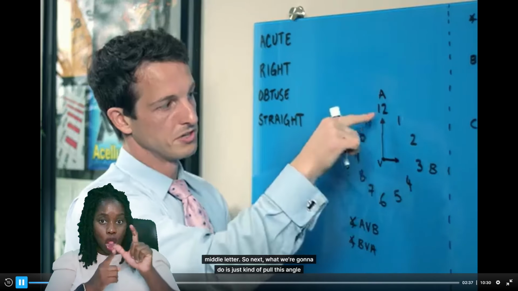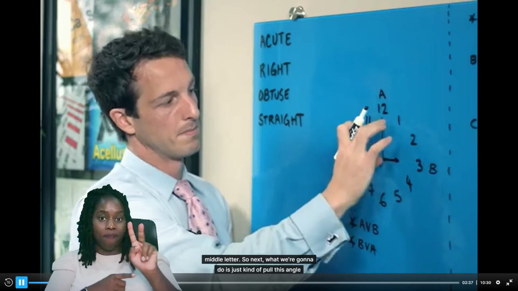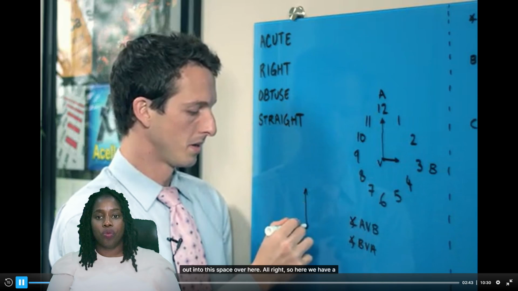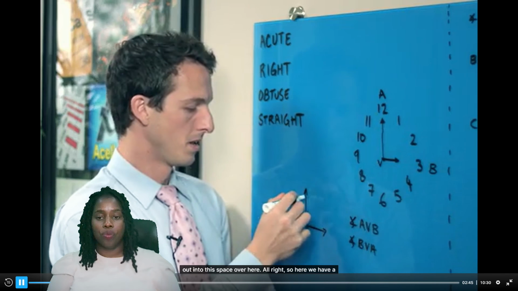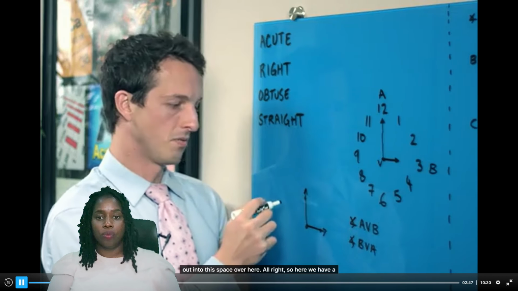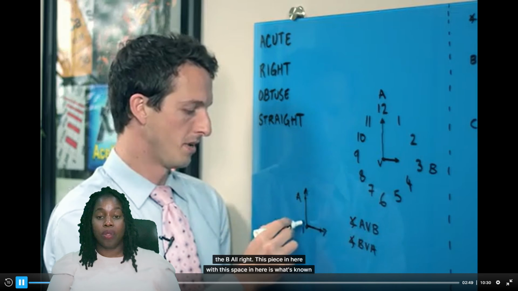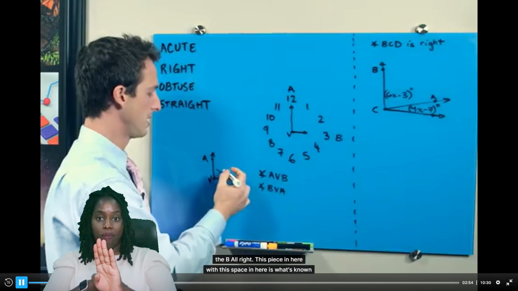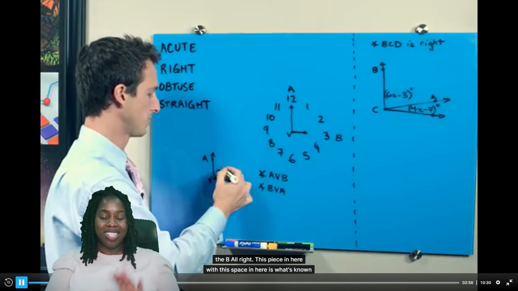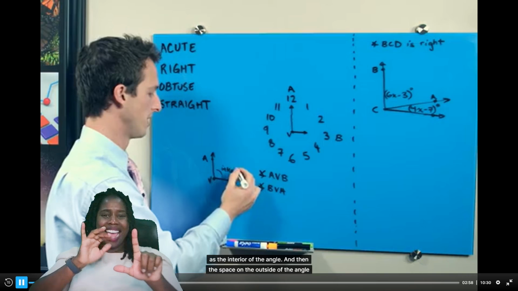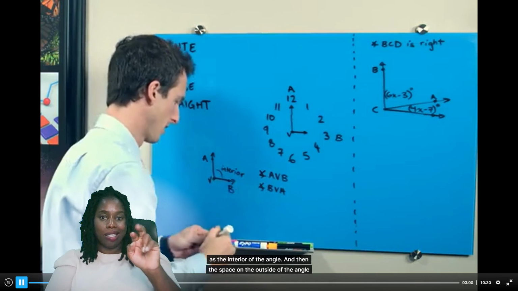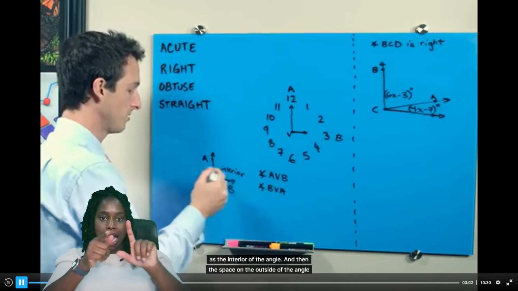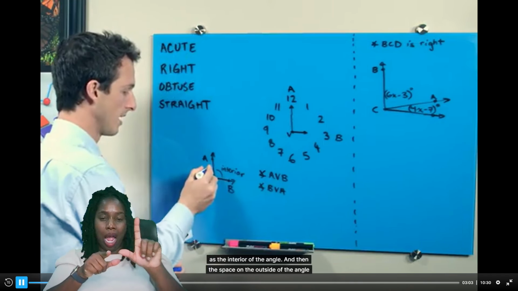So next what we're going to do is pull this angle out into this space over here. So here we have A, V, B. This space in here is what's known as the interior of the angle. And then the space on the outside of the angle is exactly as it sounds.